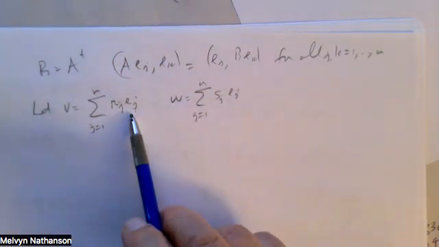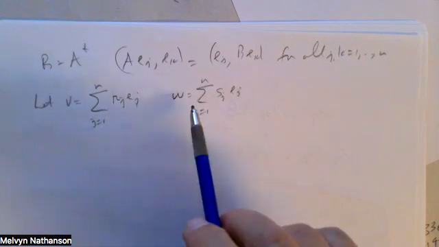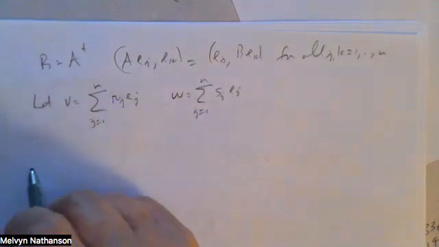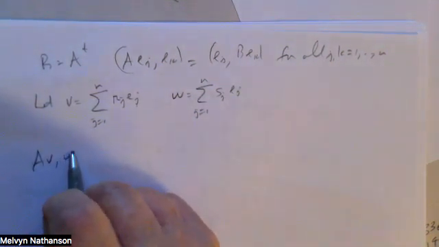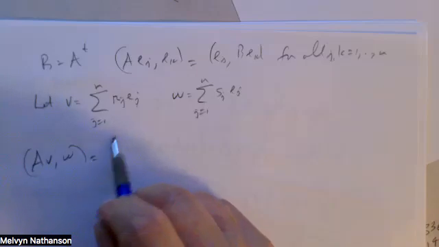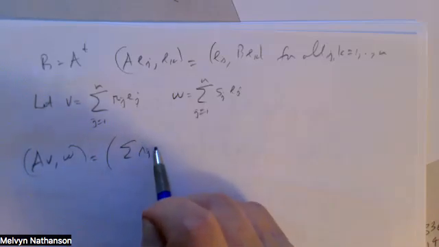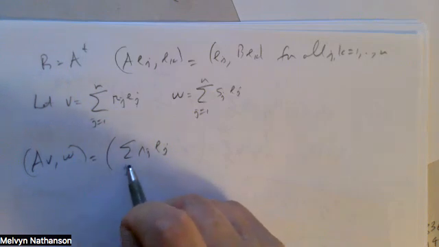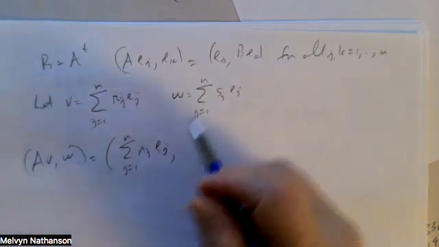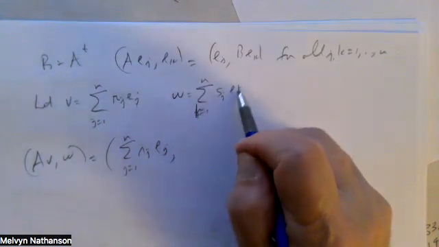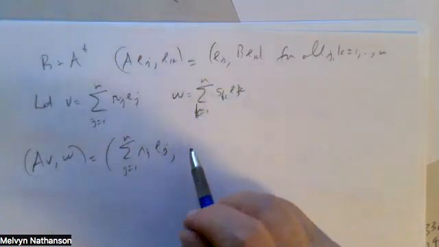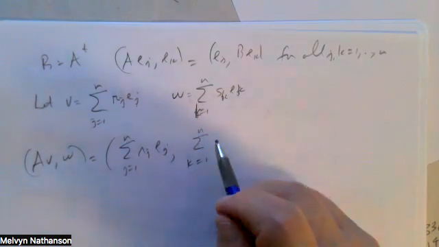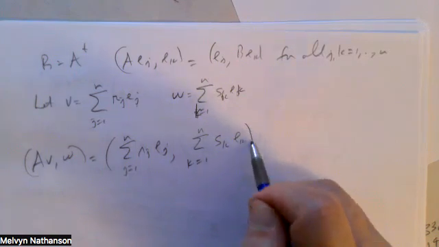E1 up to En is the basis for the vector space. Each vector is a linear combination of the basis vectors. So AV inner product with W is summation RJ EJ, J goes from 1 up to N, inner product with W. Let me use K as my index of summation here: inner product with summation K goes from 1 up to N, SK EK.